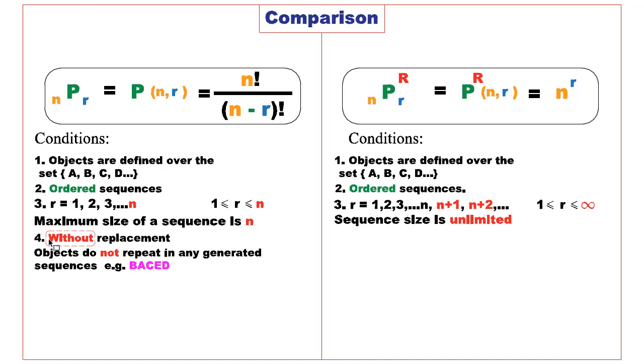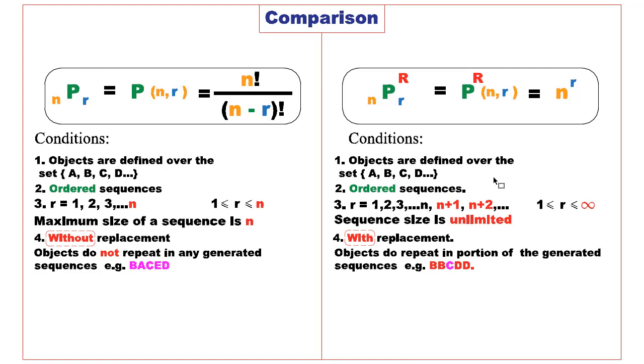And we apply this formula in case of no replacement. So objects do not repeat in any generated sequence. We are not going to find AA or DD or EEE, etc. So for this formula, permutation with replacement, it is applicable in case of replacement, which means that some of the sequences generated are going to have repeated objects such as BB and DD and so on.